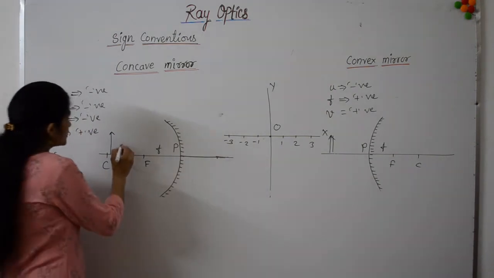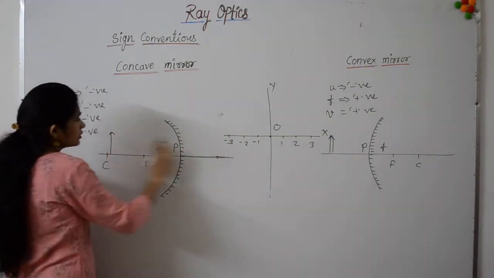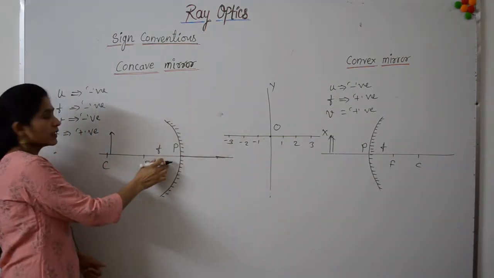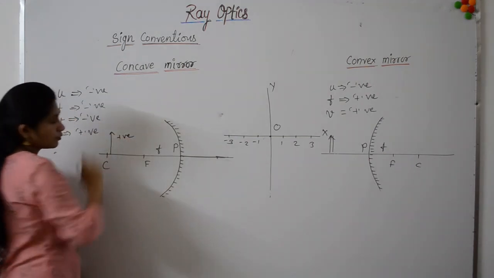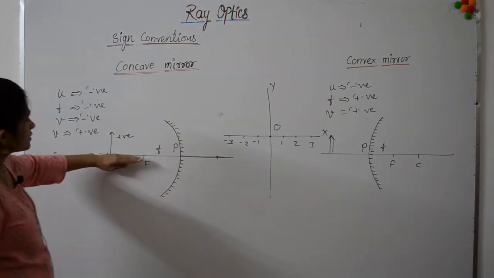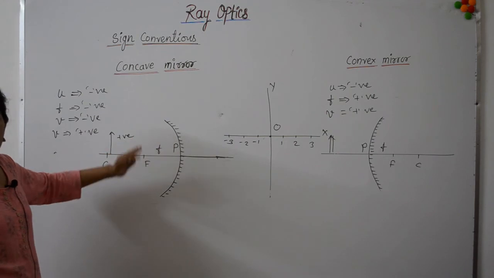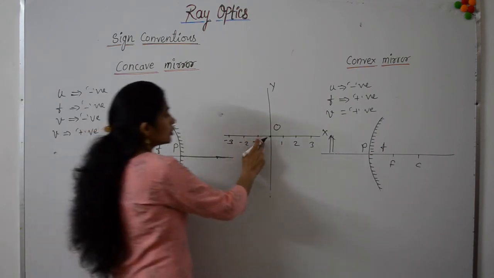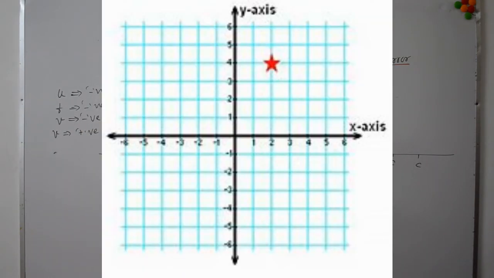And the distances which are perpendicular to this principal axis and above the principal axis are taken as positive. Height of the object which is above the principal axis is taken as positive, because you know the numbers which are above this origin are positive and the numbers which are below origin are negative.